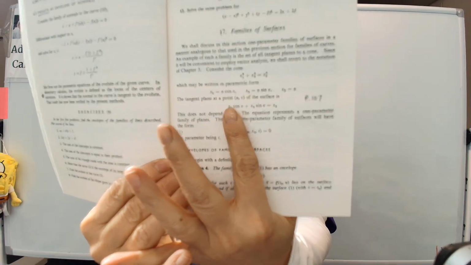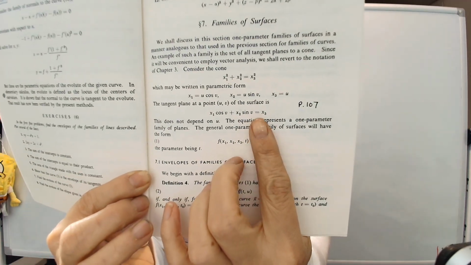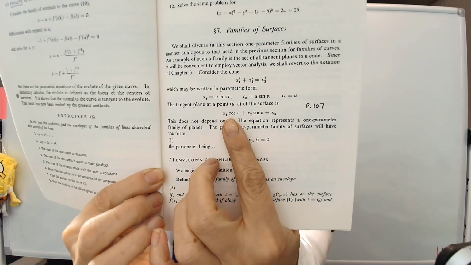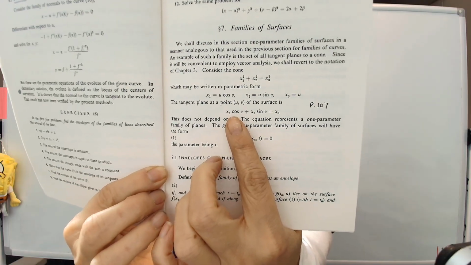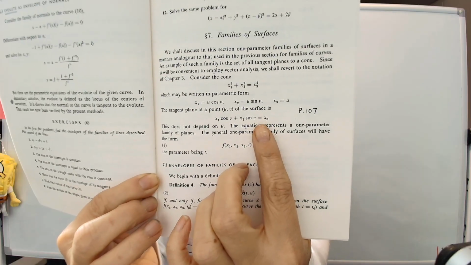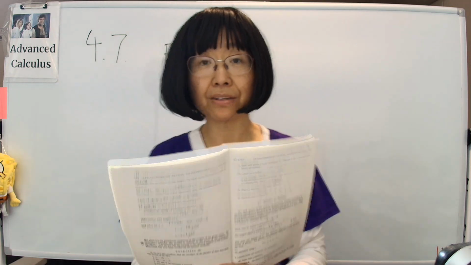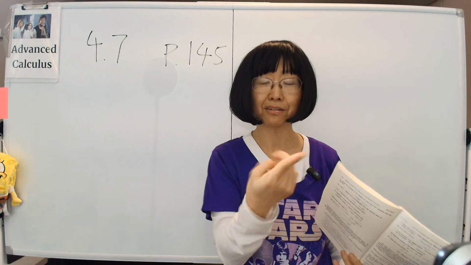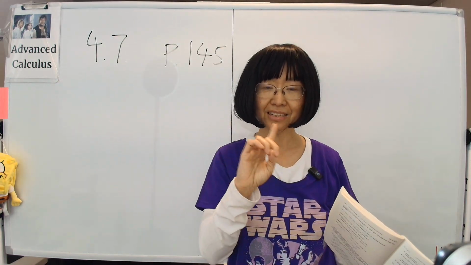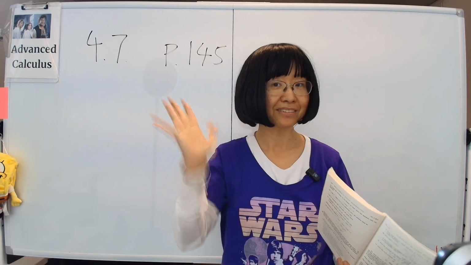Please do that yourself. Verify that this is indeed the tangent plane of the cone. As you can see, the tangent plane depends only on v. It just happened to work out that way. It doesn't care about u. The v is the angle of the cone going around, so as the angle changes, we get the tangent plane, because the plane goes that way.